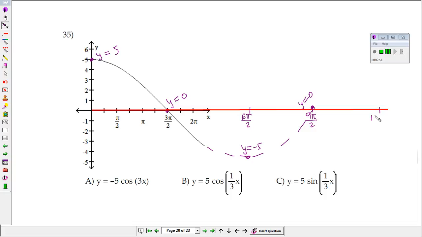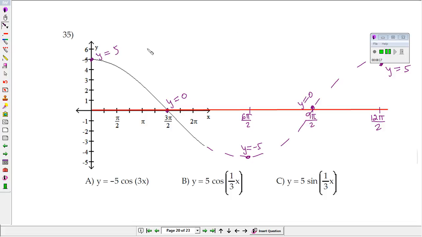Then 9 pi over 2 plus another 3 pi over 2 will be 12 pi over 2, and that's where the graph comes up. I cannot draw it well, but you can see it here. Right here y will equal 5. Now we can see that we have the five y values: y equals 5, y equals 0, y equals -5, y equals 0, and y equals 5.